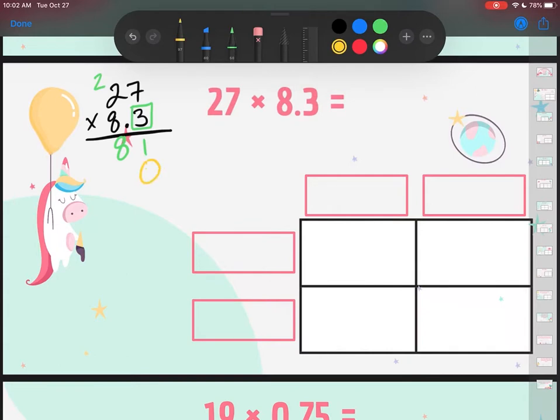Now, I'm going to multiply out my 8. In order to do that, I got to add my placeholder 0, my placeholder smiley, and now I'm ready to multiply that 8 out. So I'll do 8 times 7, which is 56, carry the 5, and then do 8 times 2, which is 16 plus 5 is 21.